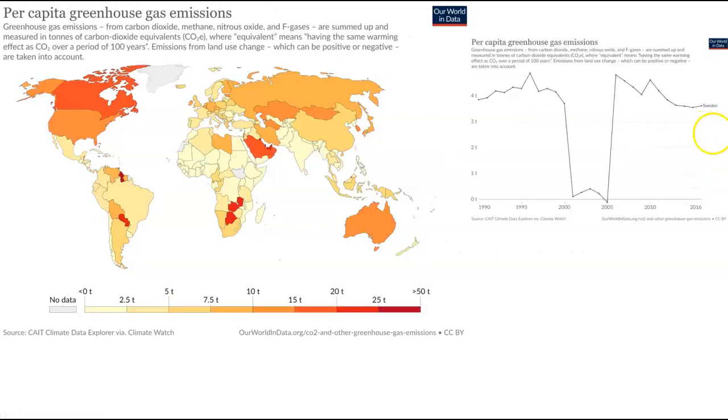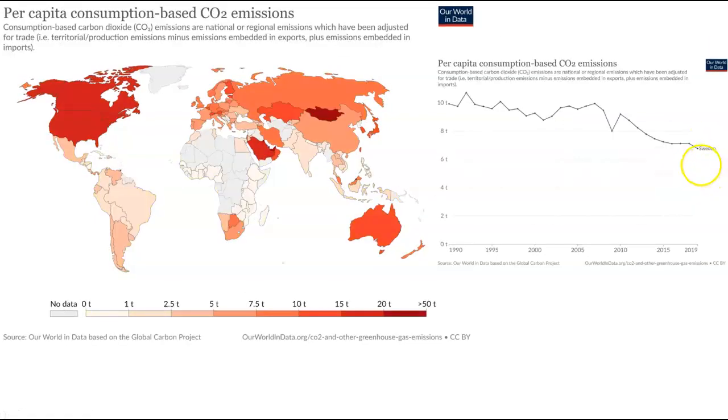That's about 1.5 to 2 times higher than if we just look at the territorial. So basically, Sweden currently is importing greenhouse gas emissions, more or less. This counts using trade deficits and so on.